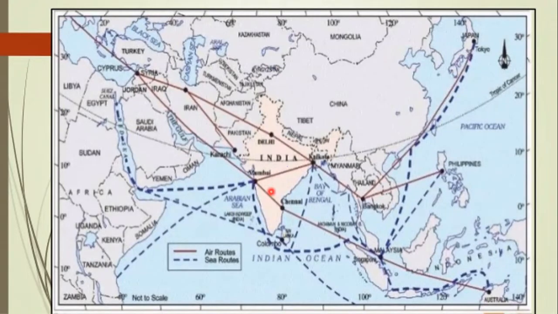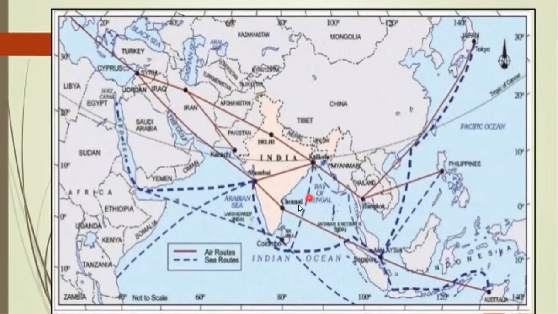The Deccan Peninsula protrudes in the Indian Ocean, this part, thus helping India to establish a close connect with West Asia. You can see these are the sea routes. Africa and Europe from the western coast, and with Southeast and East Asia from the eastern coast.